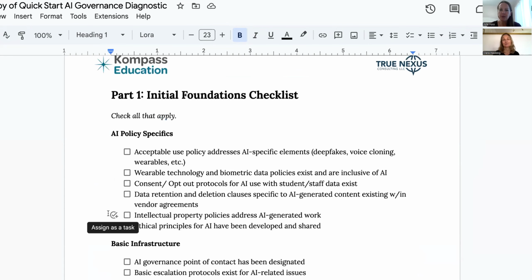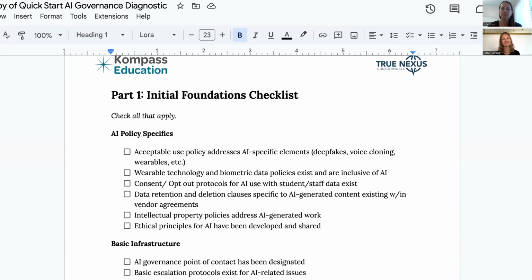And then, Clara, you want to talk us through the checklist? Yeah, sure. So this is the absolute foundation. It's not a catch-all for AI governance, but it's for you to do a quick diagnostic of where you are now. There are some things you can address inside of your policies and check off.